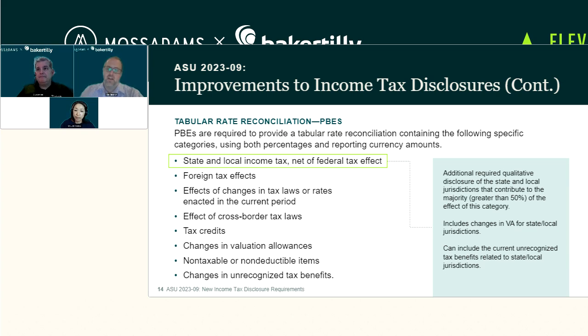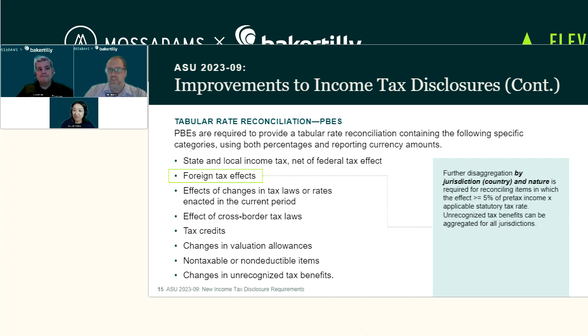So state taxes, interestingly, you would only want to include the state taxes that relate to the jurisdiction of domicile. If you had state or provincial or other types of taxes and those aren't part of the jurisdiction of domicile, those would more likely go into the foreign tax effects category.